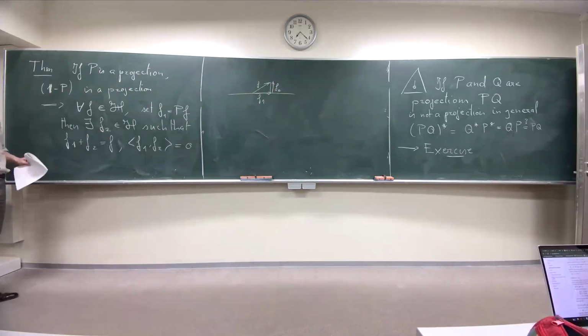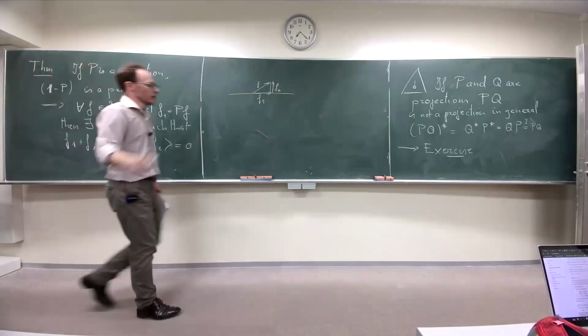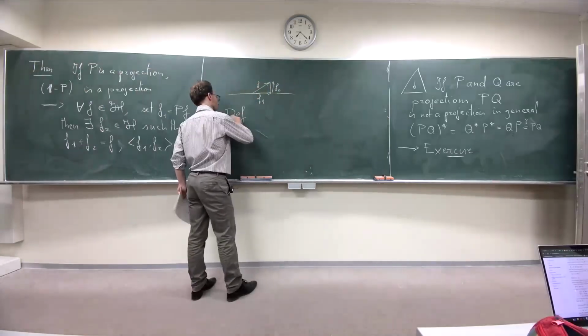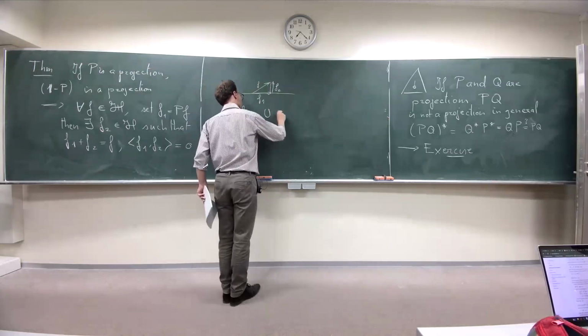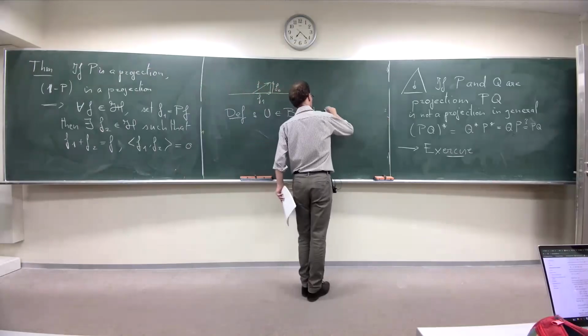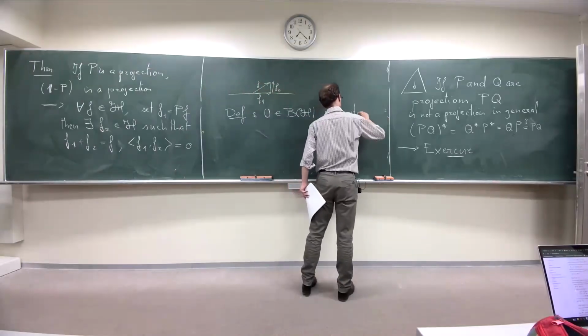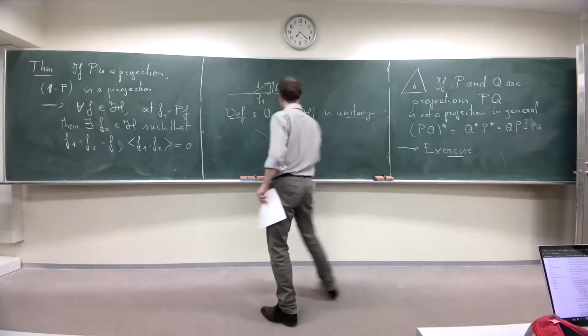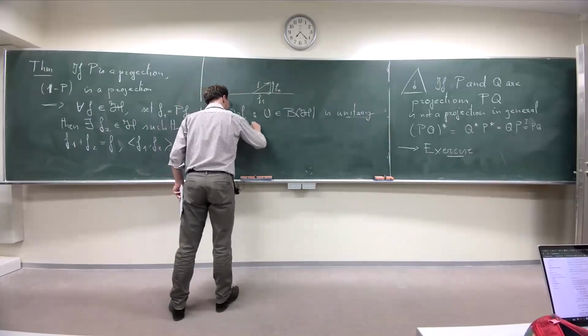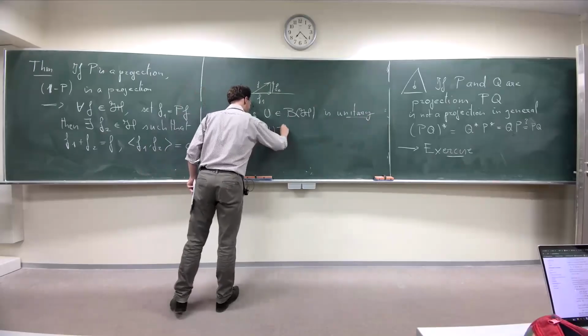So we have already seen two classes, self-adjoint and projection. What is the next one is unitary. And I use still a different letter. U belonging to B(H) is unitary if U star is equal to U minus 1.